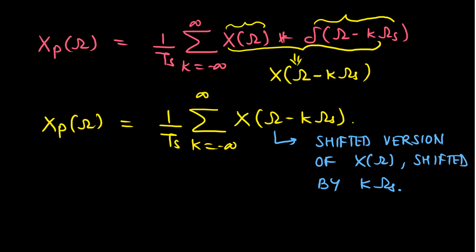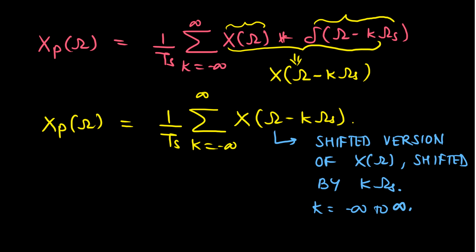So it is also scaled by 1 by Ts, and we are having this k ranging from minus infinity to infinity, which means that at every integer multiple of omega s, that is the sampling frequency, we are going to have this X of omega replica.